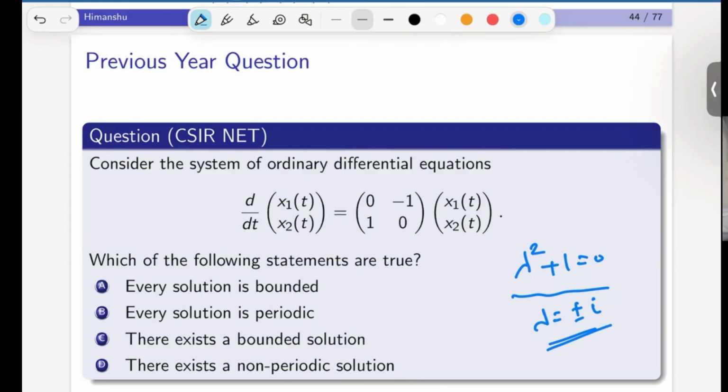There is a question for you guys. How many of you will solve this system of differential equations by actually solving it?